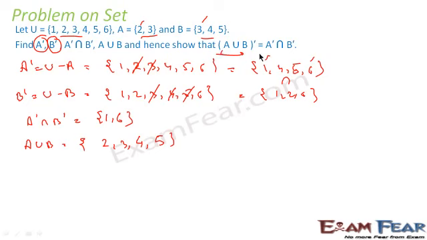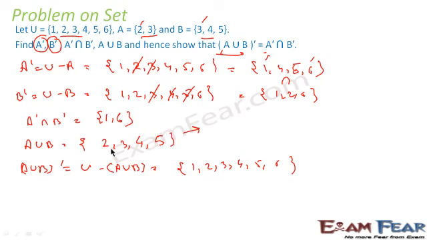Now we are asked to prove that (A union B) complement is equal to A complement intersection B complement. So first find (A union B) complement. (A union B) complement is equal to U minus (A union B). So write U first. U is 1, 2, 3, 4, 5, 6. From this we have to subtract these elements. First is 2, subtract 2.